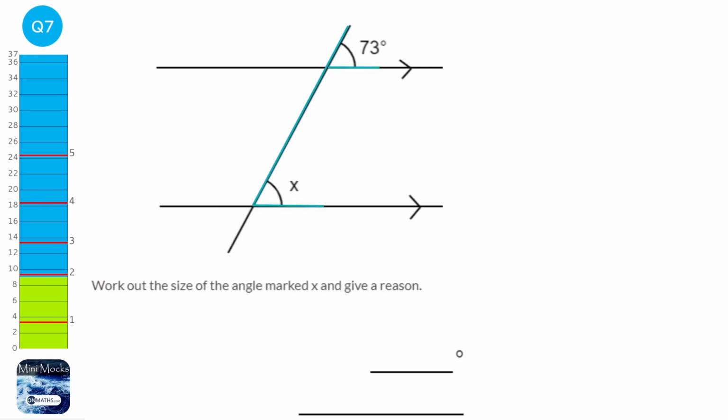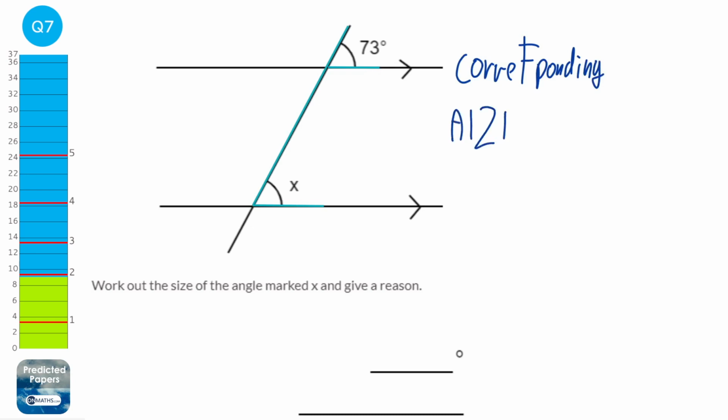Now, how do we remember that? There's loads of different ways. The way I remember it is I remember "corresponding" for corresponding, "alternate" for alternate, and then for co-interior, interior, or allied, I just remember it as the other one, the kind of C one.